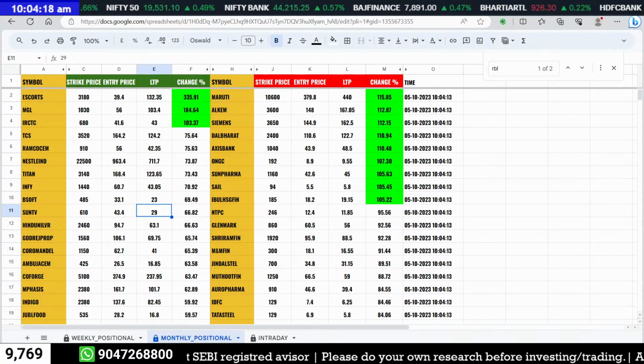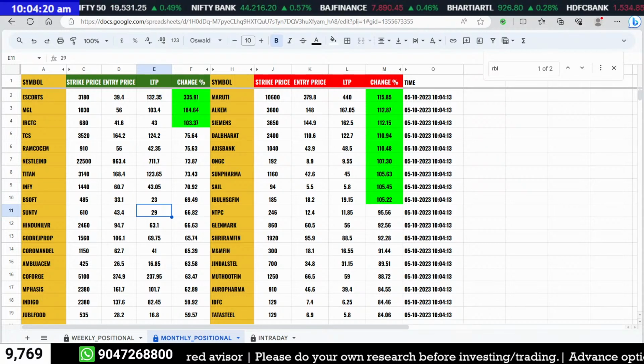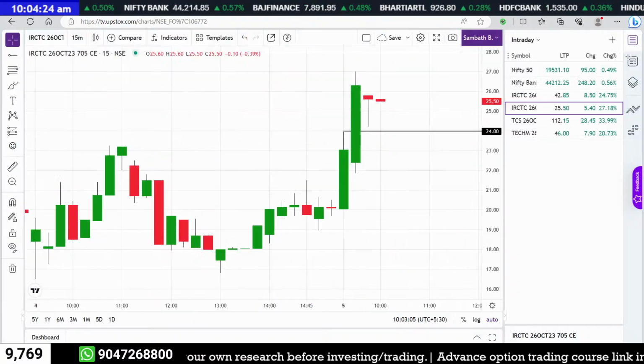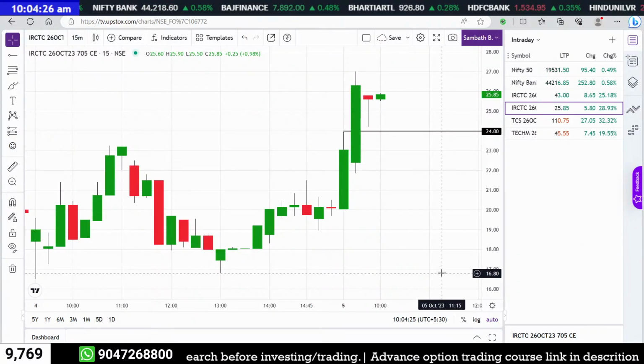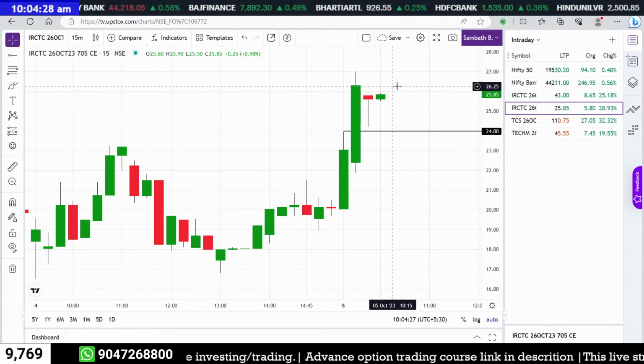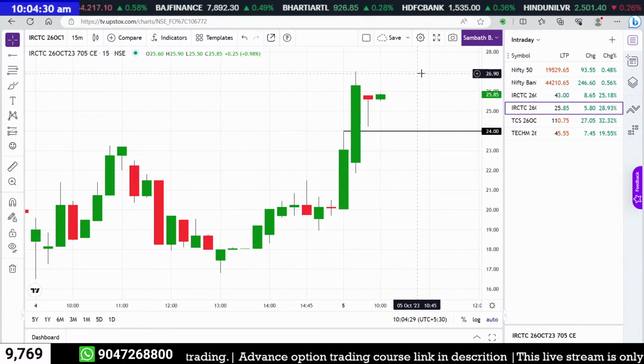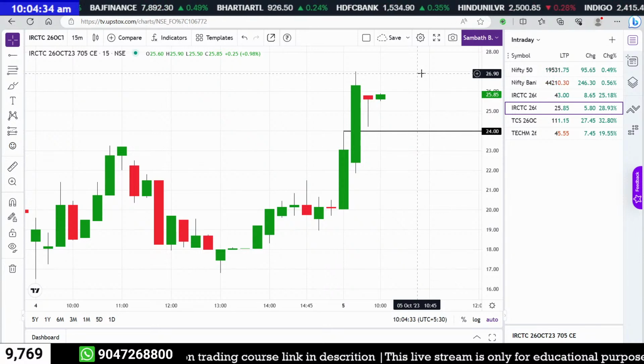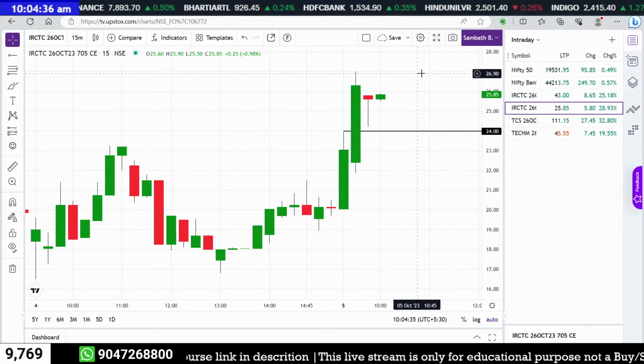Ninety points, Nifty. Okay, this one now started at 25.8, 2 rupees higher from our entry. And TCS is nearby 7 points, and TechM is at cost price.